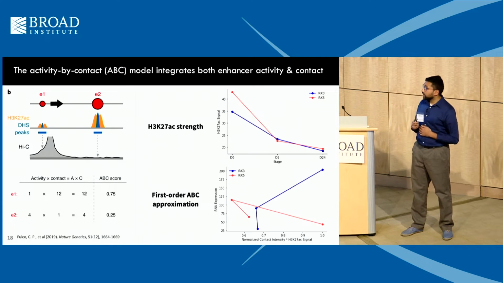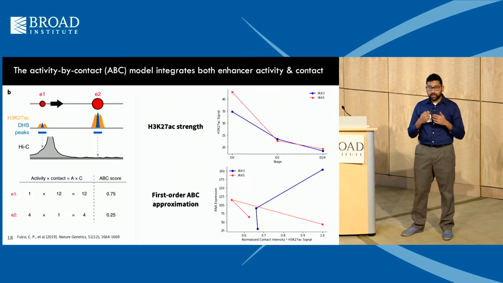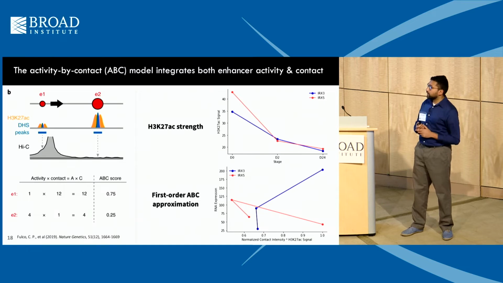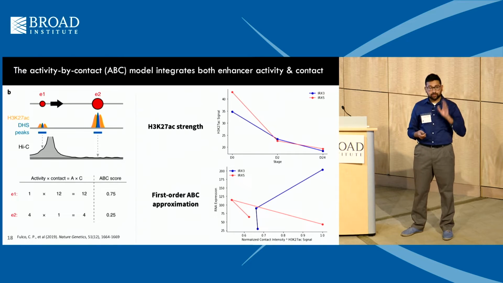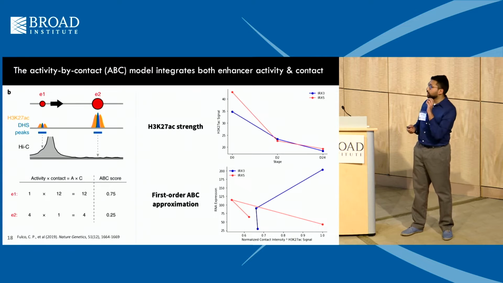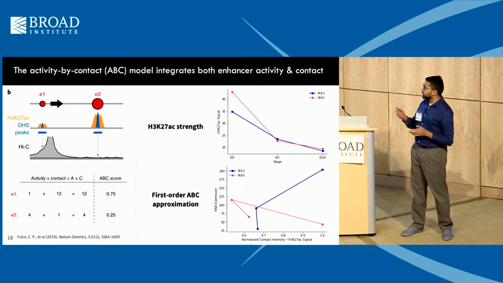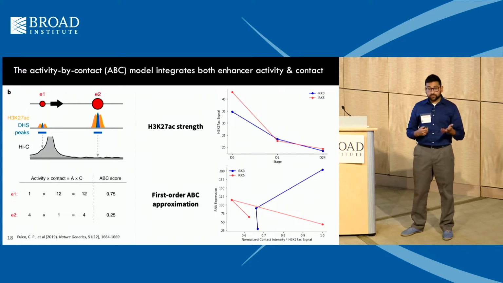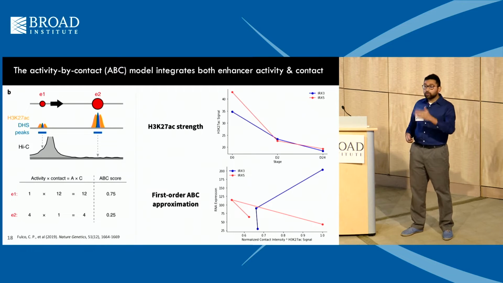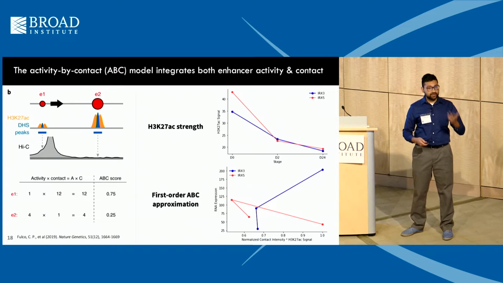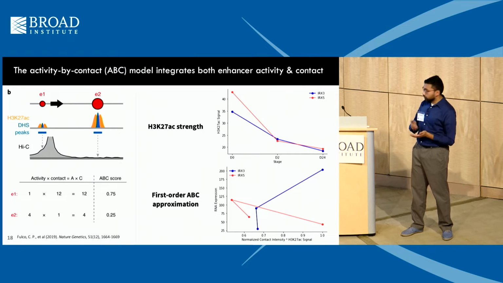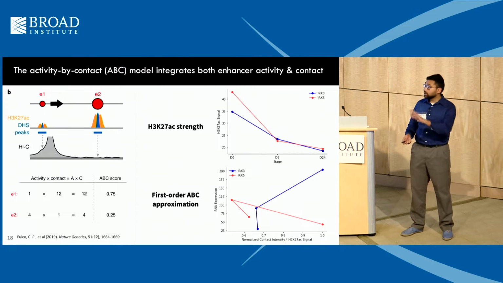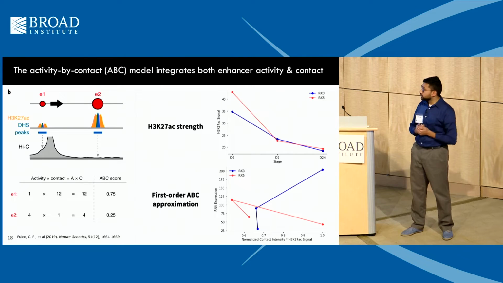And then applying this first order ABC approximation for the interaction between FTO's intronic variant and IRX3 and IRX5, we find that IRX3, which is closer, 500 kb away, seems to be more reliably fitting the model, and what we would expect as changes in normalized contact intensity multiplied by the H3K27 acetylation signature change in relation to RNA expression.